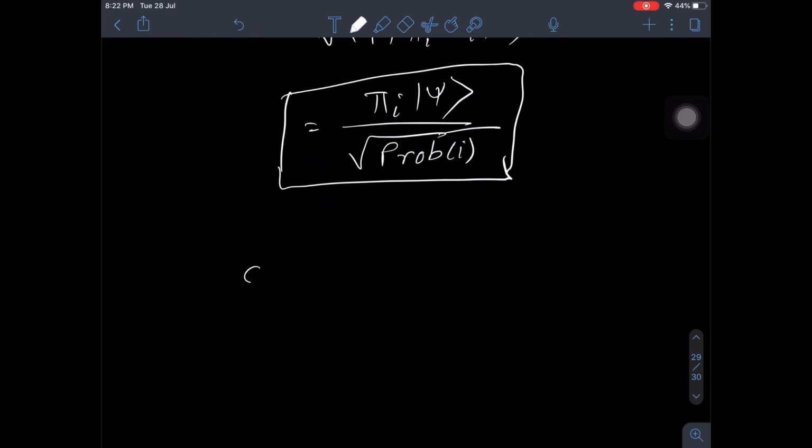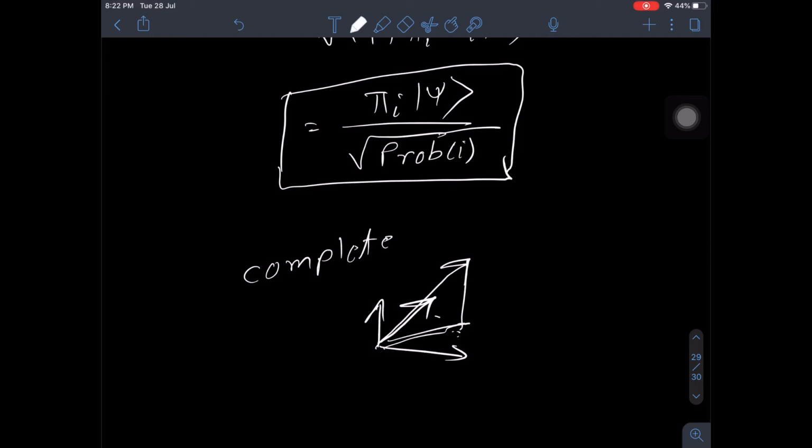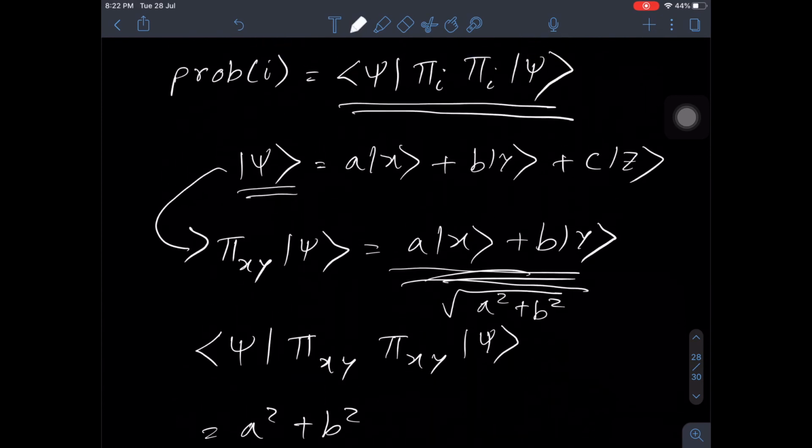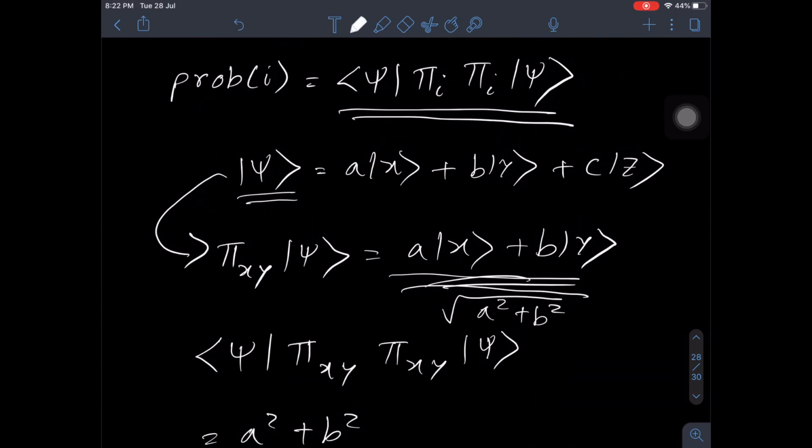And you can see that when you're doing complete measurement, then you are collapsing it to one-dimensional subspaces. But when you're doing an incomplete measurement, you can collapse it in this subspace, the xy plane. All right, so complete measurement is a special case of incomplete measurements, and you can also see that the probability of getting this in the xy plane is a square plus b square.